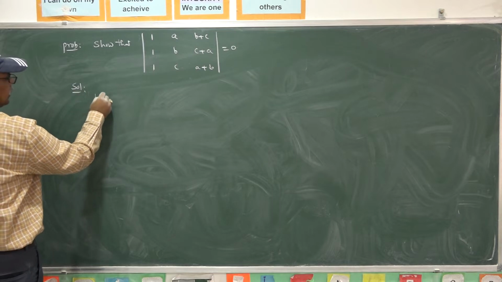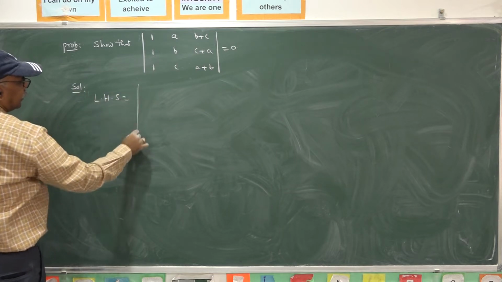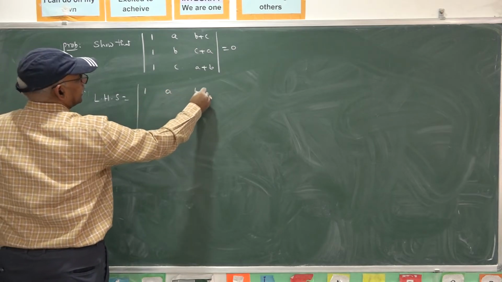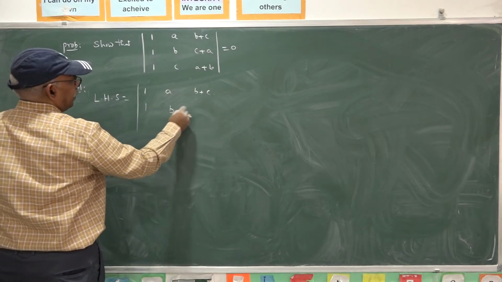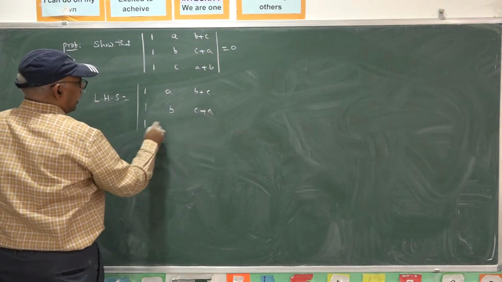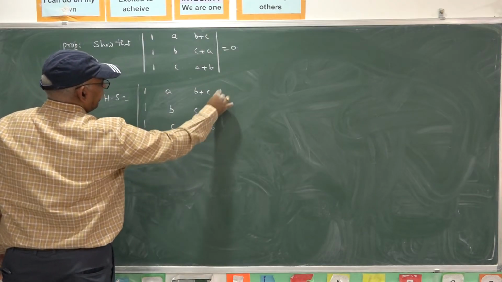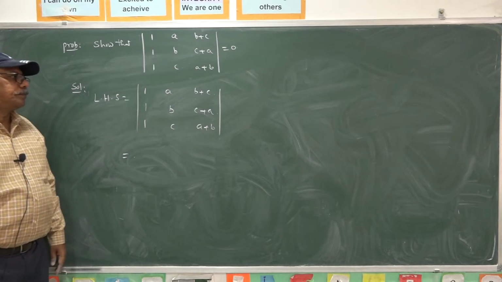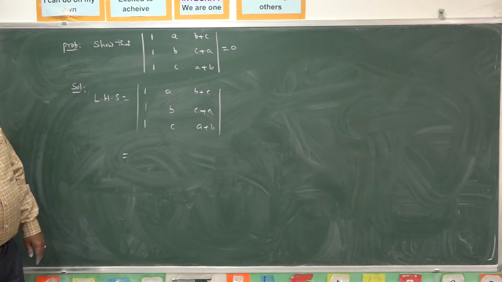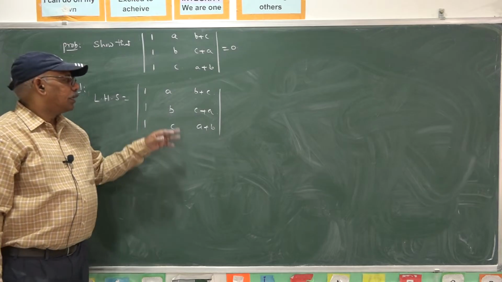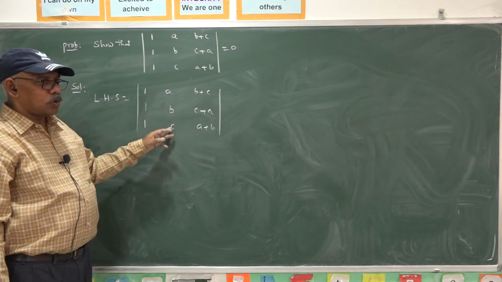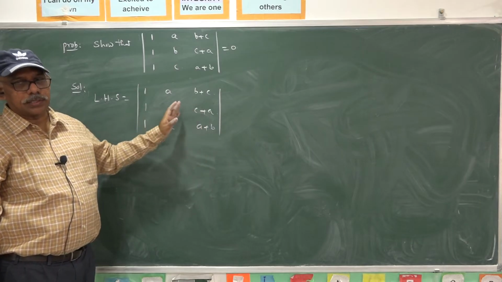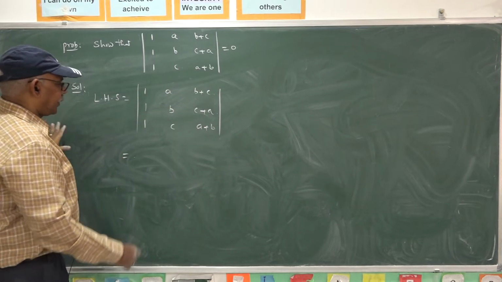To show this, let us consider the LHS. The LHS is the determinant of 1 A B plus C, 1 B C plus A, 1 C A plus B. Now, adding the second column to the corresponding elements of the third column and writing that summation in the third column.